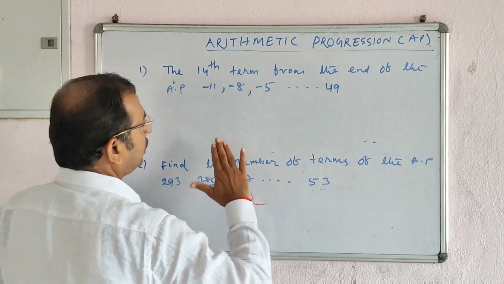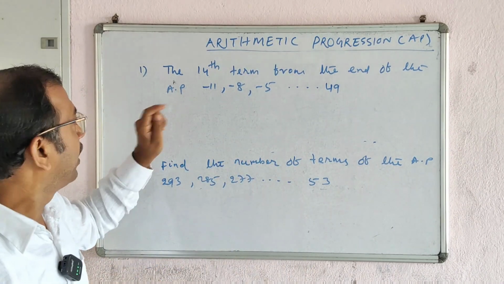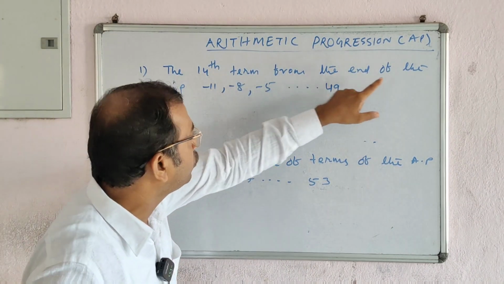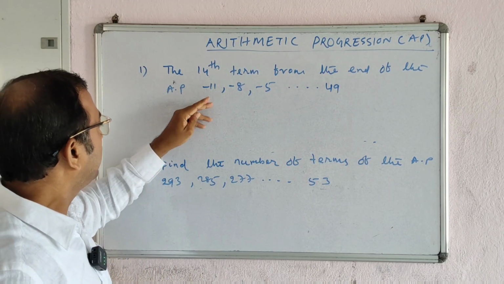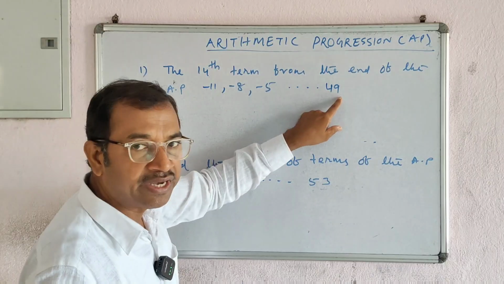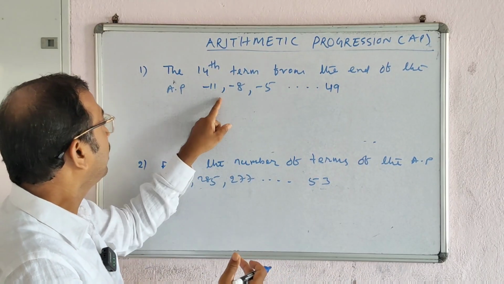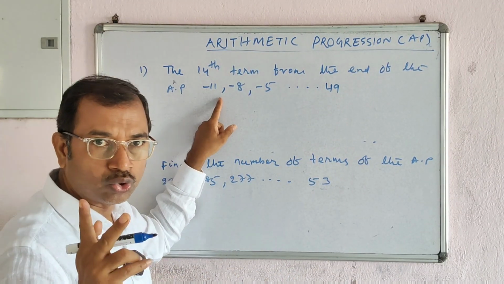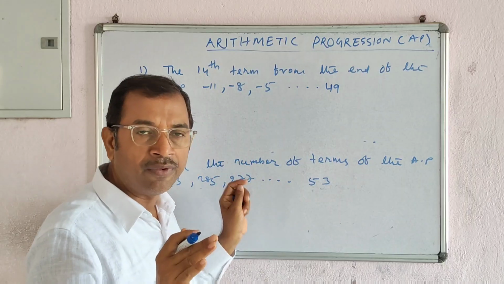So listen. One question is given here: the 14th term from the end of this AP. The AP is given as -11, -8, -5, dot dot dot, 49. From the end, the 14th term. So there are 2 ways here. We can do this sum in 2 ways.